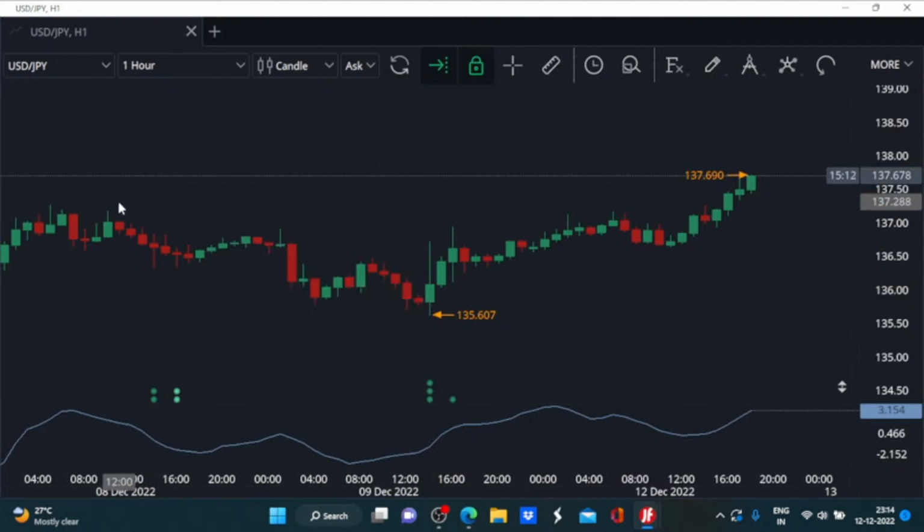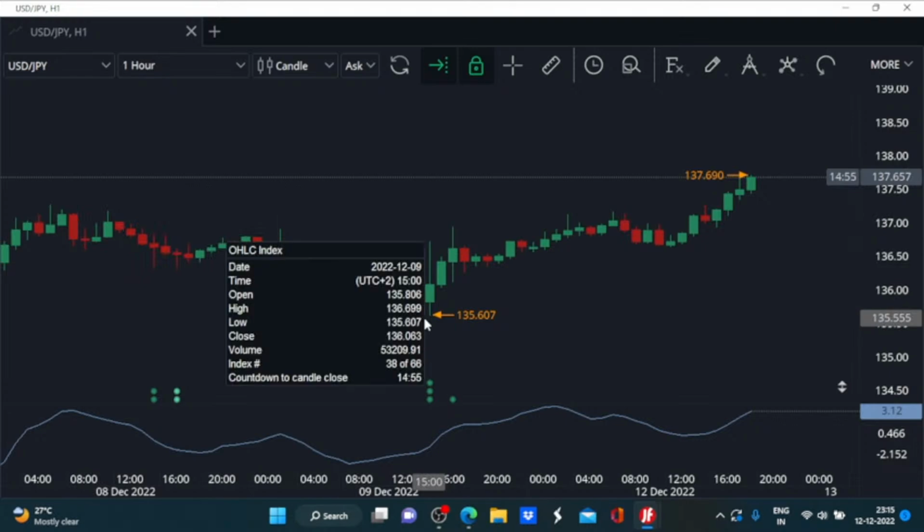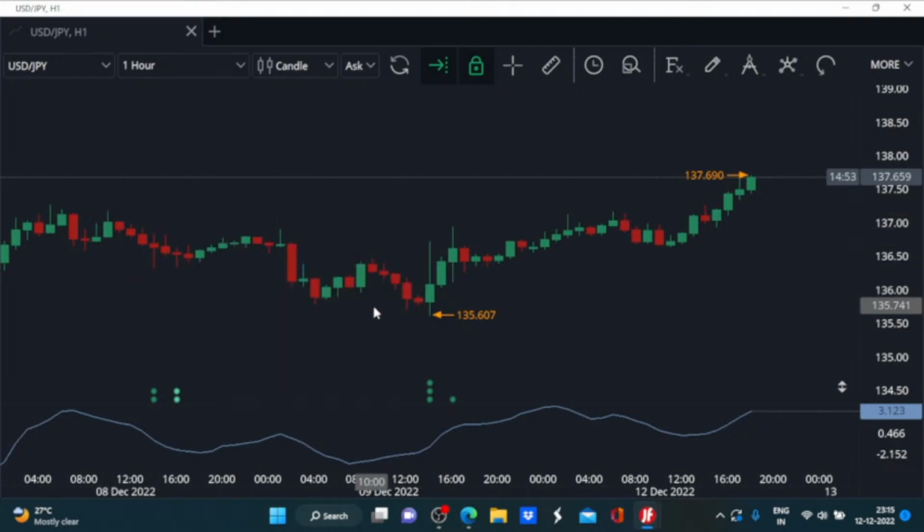And if we have the lines angled on the lower side, if the linear regression lines are declining, you will have the difference between the left edge and the right edge of the linear regression lines on the negative side. And as a result of that, we will have the reading of the linear regression angle in negative territory.